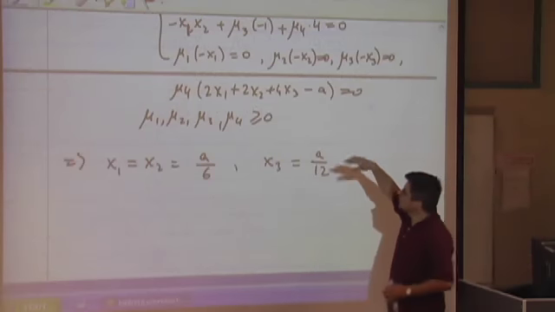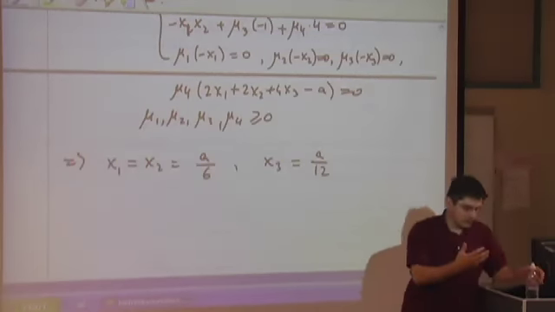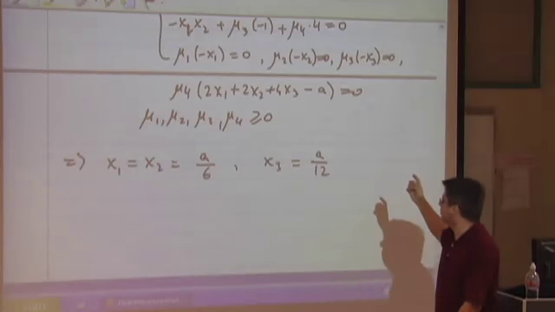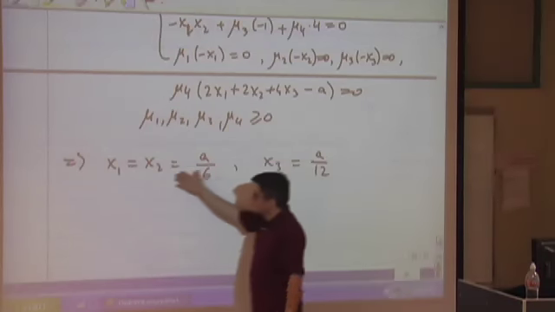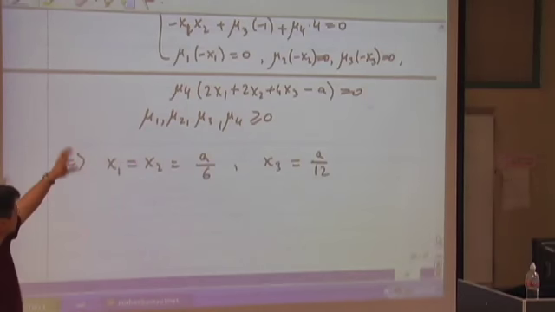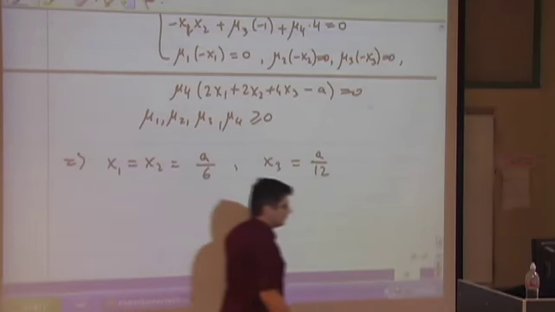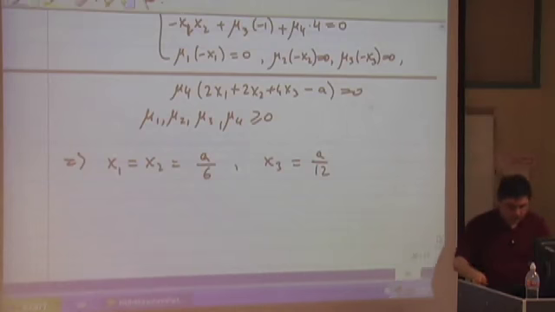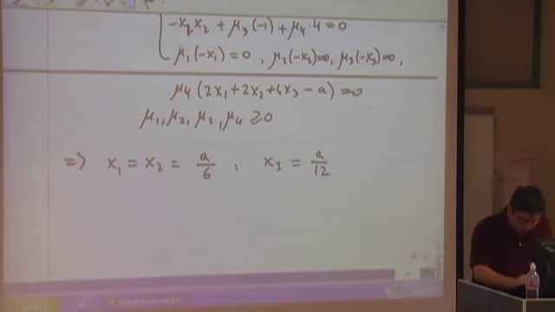Still, if you don't have the physical problem to start with, it's kind of hard to say, well, I found... now, I solved this KKT system, and I found the x's and I found the corresponding mu's.